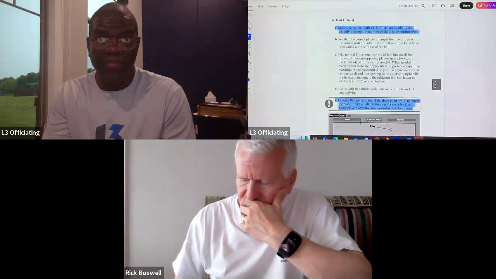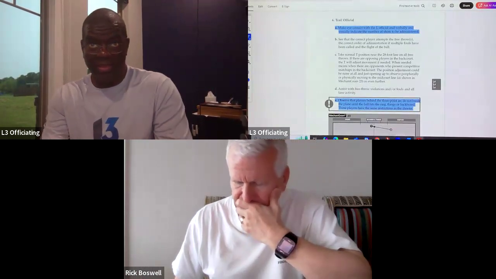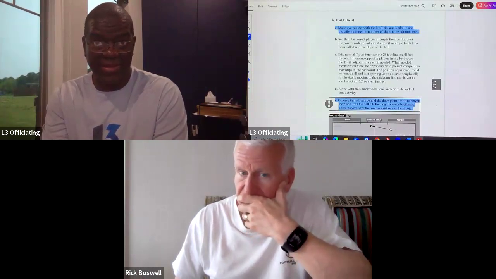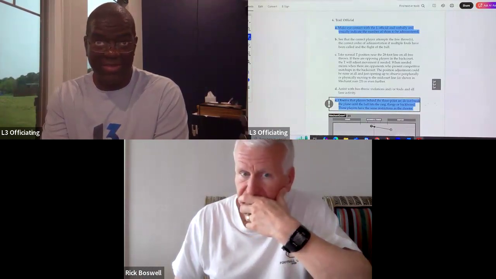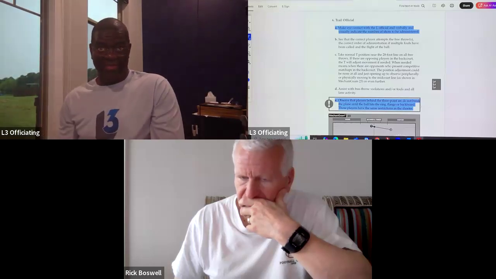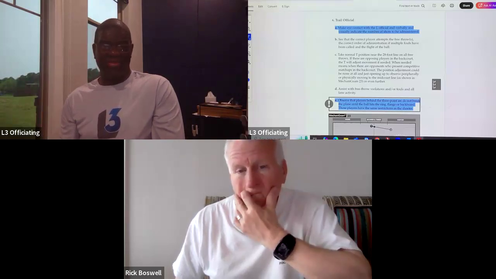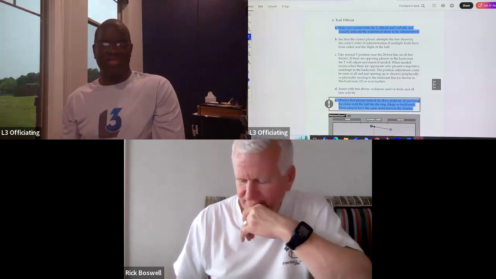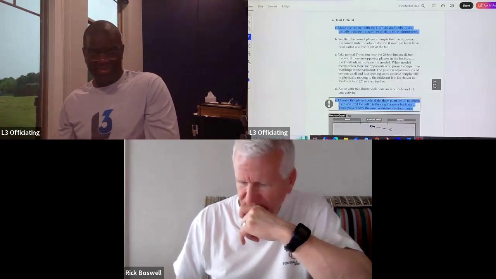Here we go. Trail official. And I want everyone to pay attention and notice that this section has a box around it and an exclamation point next to it. Now, why would the Rules Committee want to draw this much attention to this rule reference?